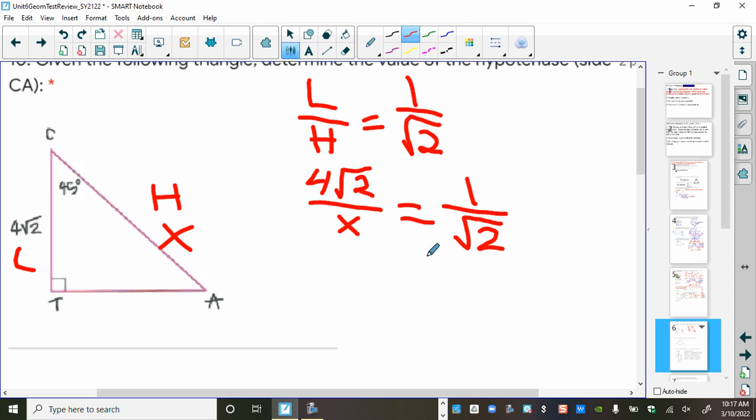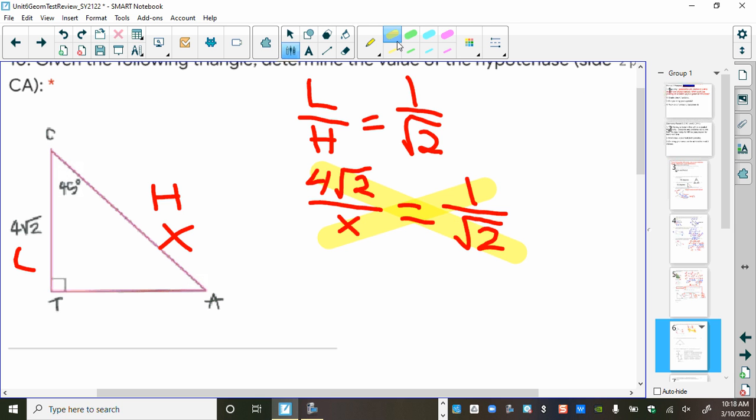Now, do we have enough information to solve for the X? You do. What's in every proportion? What must we do? Multiply diagonally, or crisscross multiplication.